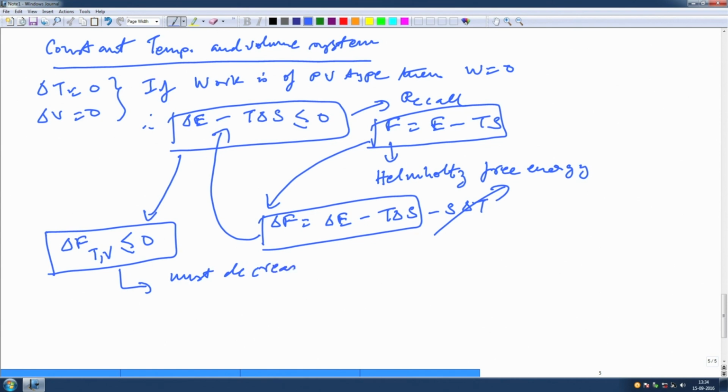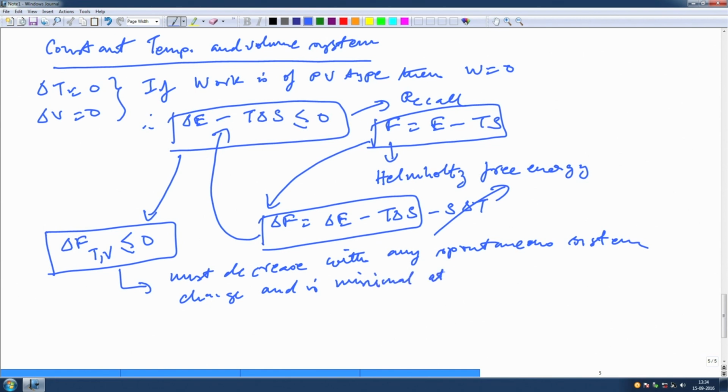Okay. So, the Helmholtz free energy must decrease. See, entropy must increase for an isolated system, while the Helmholtz free energy must decrease with any spontaneous system change and is minimal at equilibrium.